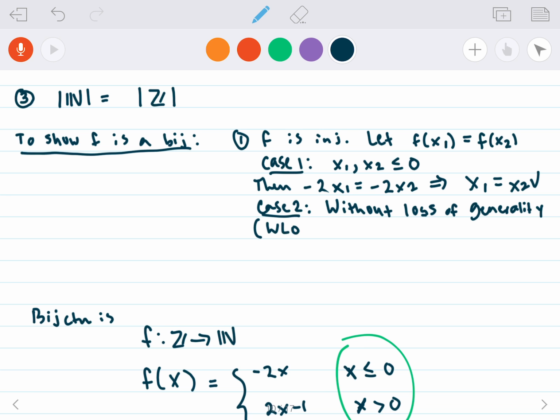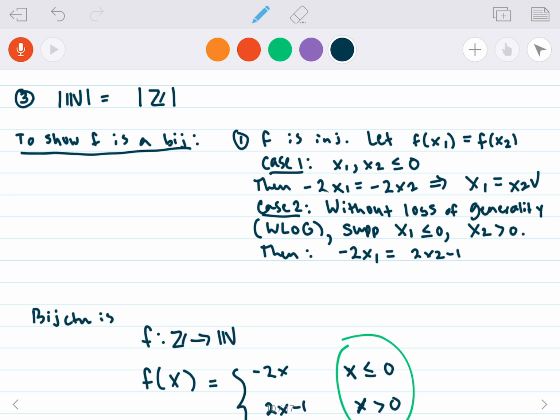And sometimes I'll abbreviate WLOG, okay? So without loss of generality, suppose that x1 is less than or equal to 0, and x2 is bigger than 0. Well, then, by the rule of our function, we have negative 2x1 equals 2x2 minus 1.